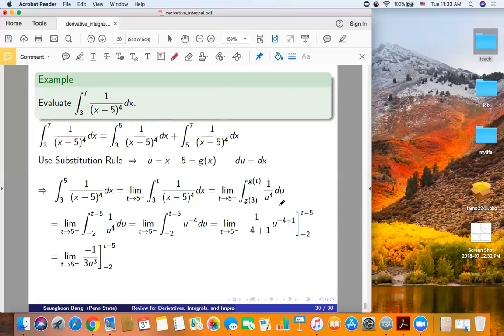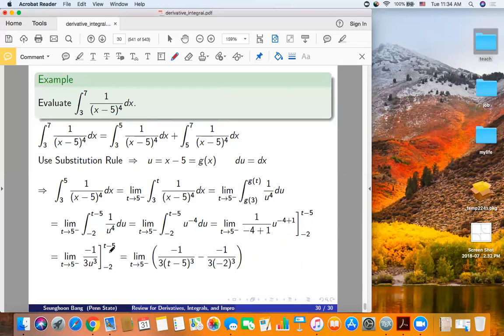The negative 1 over 3 times u to the 3 is right. This is exactly the same as 1 over negative 3 times u to the negative 3, which you can change to negative 1 over 3 times 1 over u cubed.